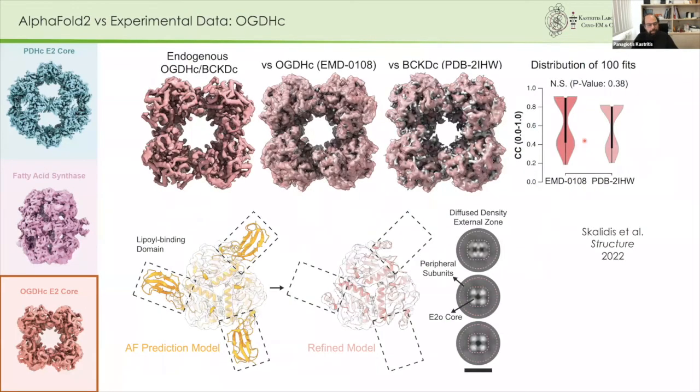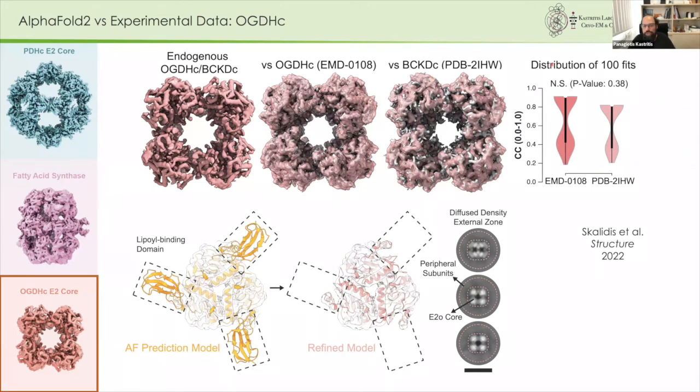And the next step is the oxoglutarate dehydrogenase complex. What happened here is what I told you: for this cubic core, we couldn't decide if the core corresponded to the oxoglutarate dehydrogenase complex or the branched chain ketoacid dehydrogenase complex, because both of these complexes have cubic cores.